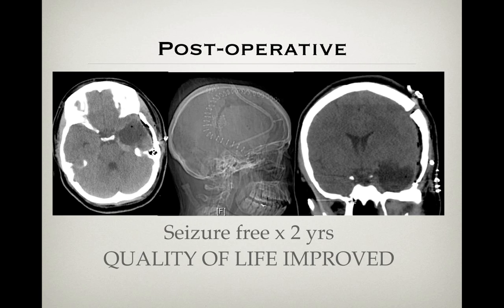Quality of life definitely improved in this case, and she was not left with any major memory loss. There is a possibility of loss of some memory with surgery, but if you compare that to having uncontrolled seizures for years and years, the overall data is very promising.